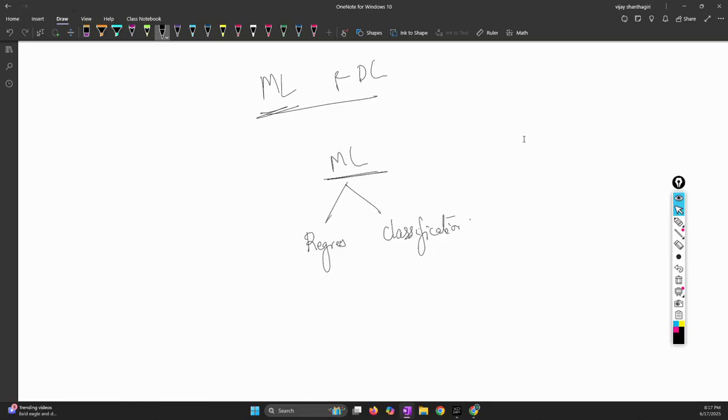Now, this entire machine learning itself can be done in three ways, because your learning is there, right? This learning can happen in three ways. One is supervised learning, one is unsupervised learning, another one is reinforcement learning.